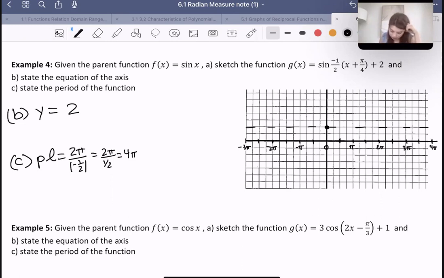We're going to do our regular sine pattern, except we are going to reflect in our y-axis. Okay, so normally we would have something like this. Up 1, here, down here, and here. This is what we would normally have, correct? We'd normally have something like this.